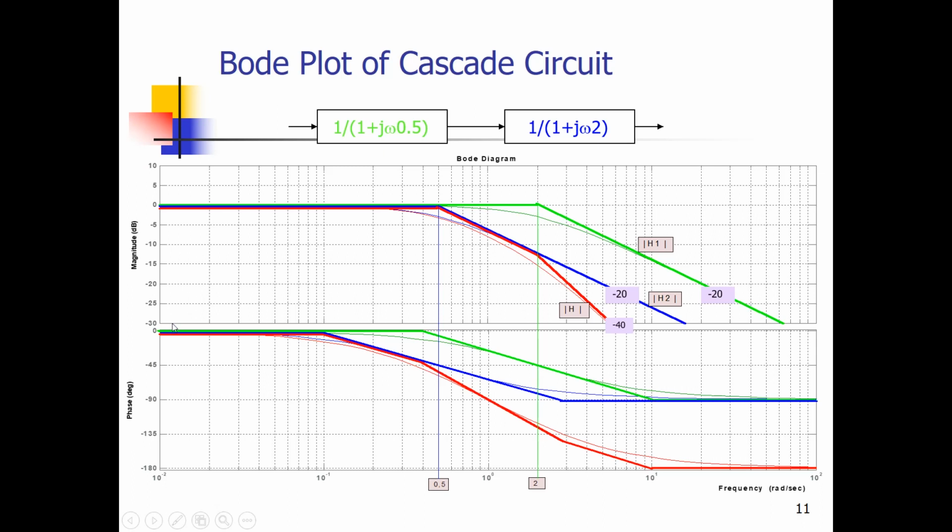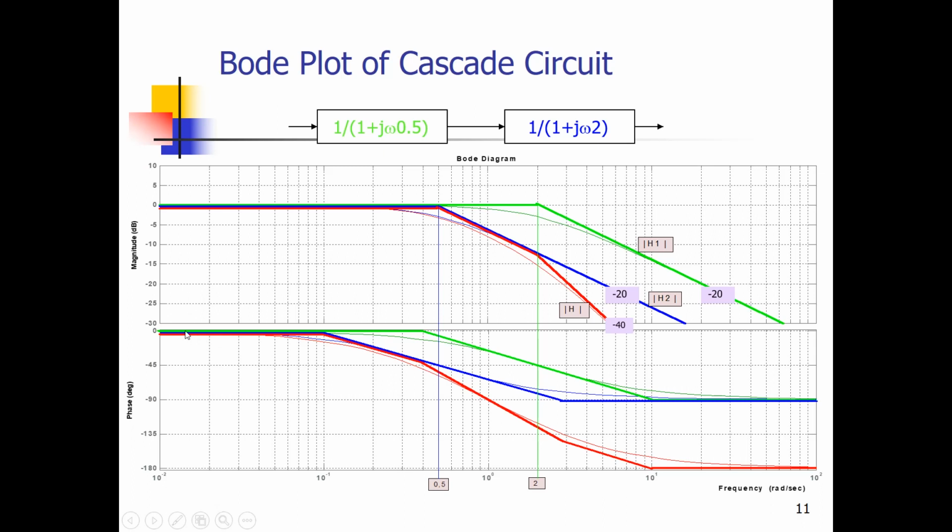They start also at 0 degrees for low frequency, and they end up at minus 90 degrees for high frequency. We construct the green Bode phase plot for the system, and now we have 2 phase plots for the green and the blue system. Well, the combined phase plot of the total system in series or in cascade is the red one, which we can construct by adding the green one and the blue one.